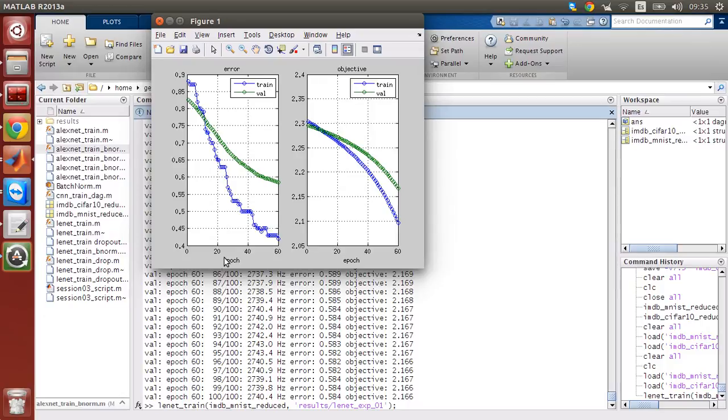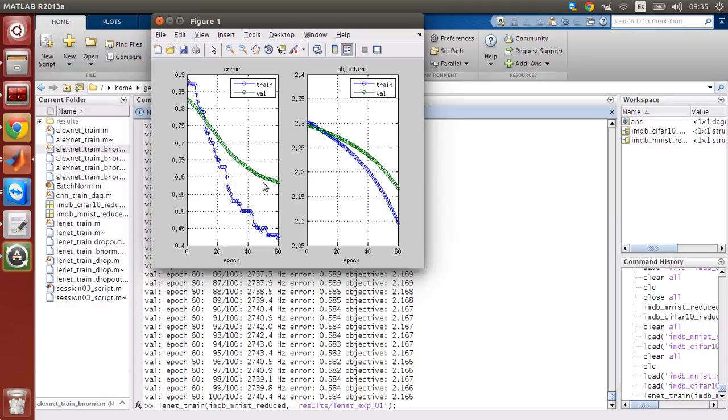So the process has finished. It has run for 60 epochs, and we see that the error was converging, so the objective function was converging, but we stopped it prematurely, just because we want to do some comparison between different methods in a reasonable time.